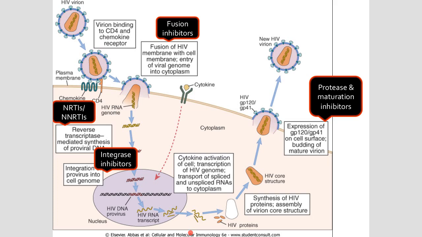So I just put 4 lines of drugs. These are not the only ones, but you can see if I was to stop that fusion of the HIV membrane with the cell membrane, where the viral genome is going to go into the cytoplasm, I'm going to use a classification of drugs called fusion inhibitors.